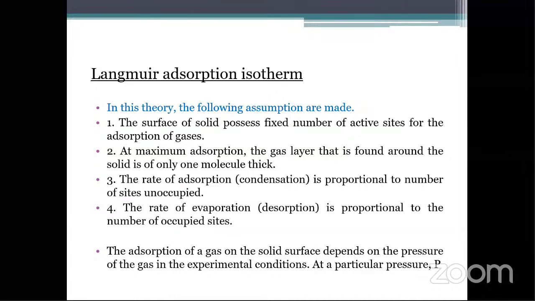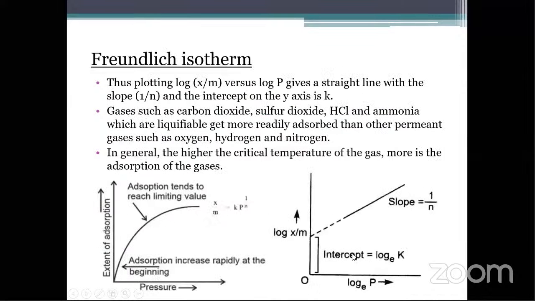So after these four assumptions, you can derive the relation between the pressure and adsorption of gas on the solid surface. Okay. Now here pressure is constant. See that at a particular pressure P, in Freundlich isotherm, what we have seen?